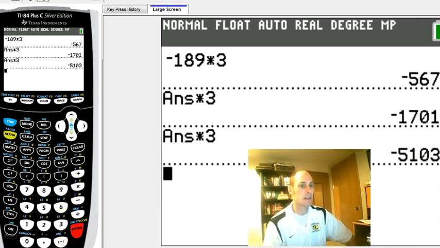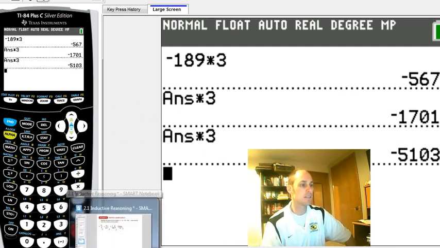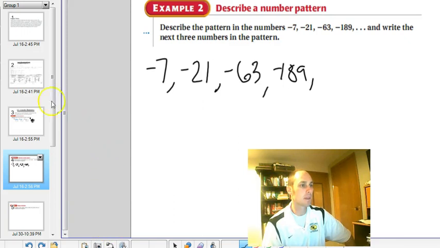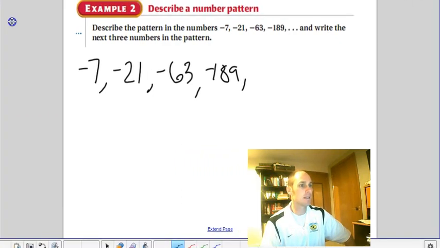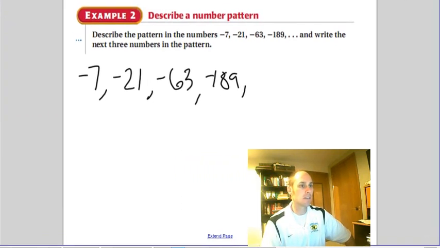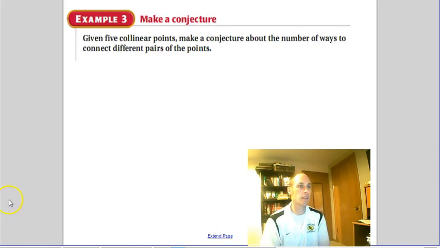And we get negative 5103. So that would be the next 3 terms if it continues in that pattern. That's how we take a number pattern and use our inductive reasoning to continue that pattern. These are skills that you've used already in algebra, but we're just focusing on this line of thinking.